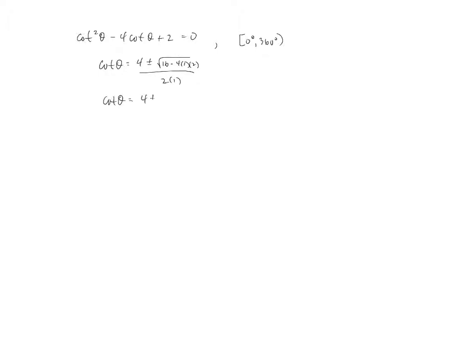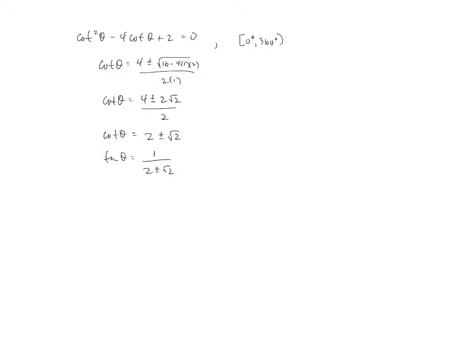So that's going to be 4 plus or minus the square root of 16 minus 8, which is the square root of 8. So 2 root 2 over 2, which means that cotan of theta would equal 2 plus or minus the square root of 2. And tangent of theta then would be 1 over 2 plus or minus root 2.